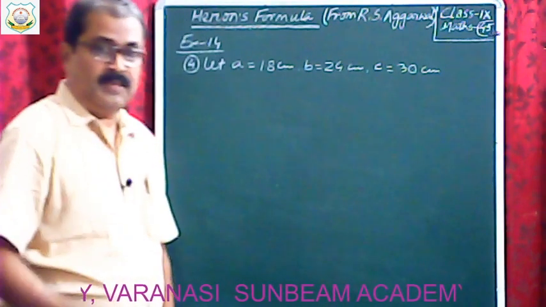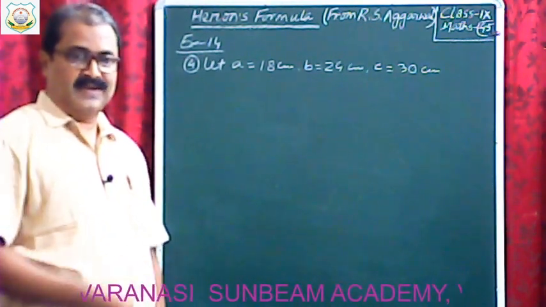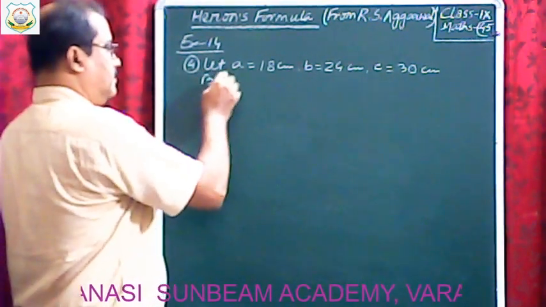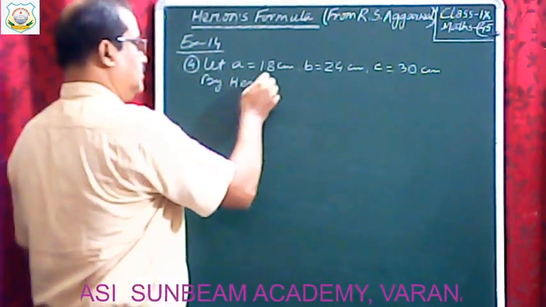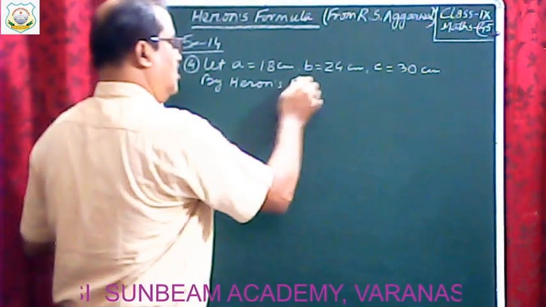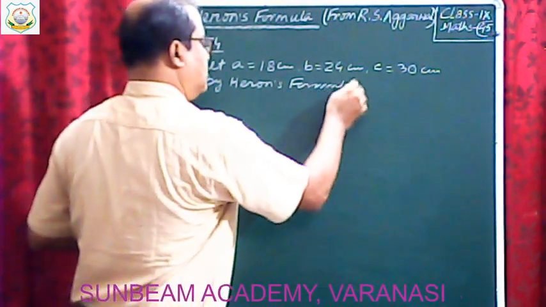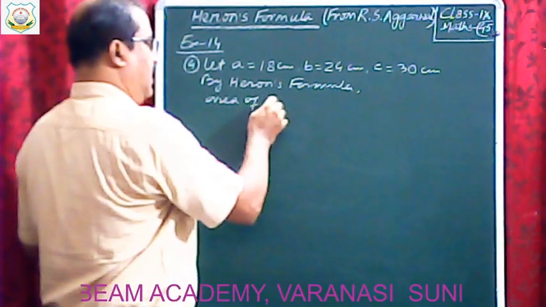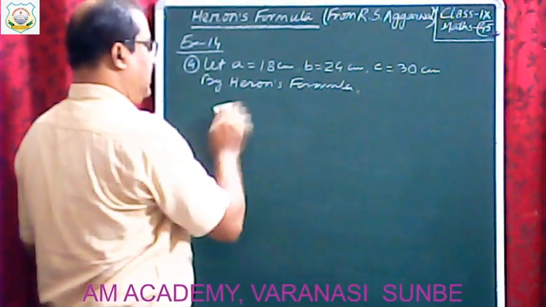So which formula you have to apply? Heron's formula. All three sides we know, all are different sides. So by Heron's formula, area of triangle. Before that you have to find semi-perimeter.